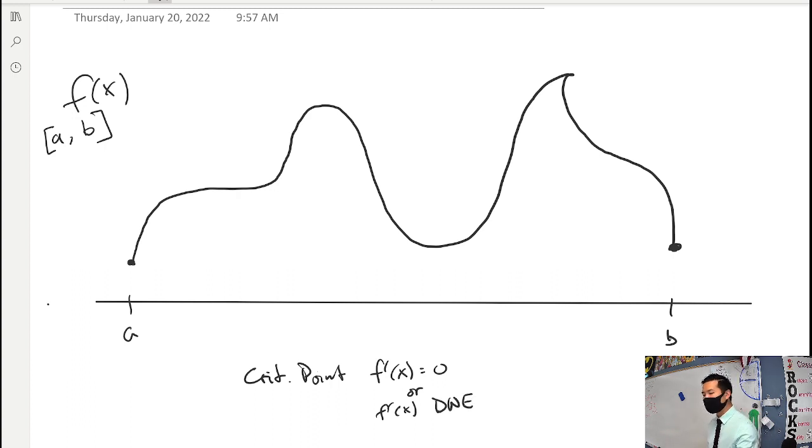Looking at this picture, can you identify where those possible points would be? And when you do that, can you give me a number? Don't shout it out. Give me a number of how many critical points do you think you see here? Don't rush it. Take a look. Be careful with it.